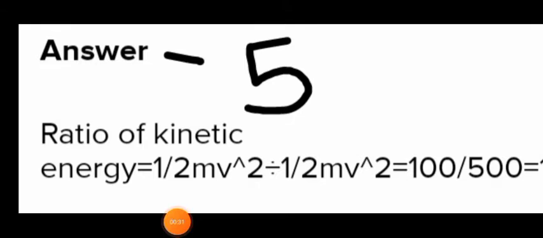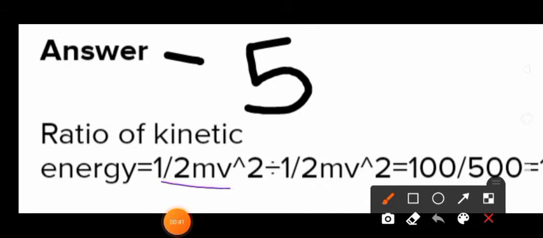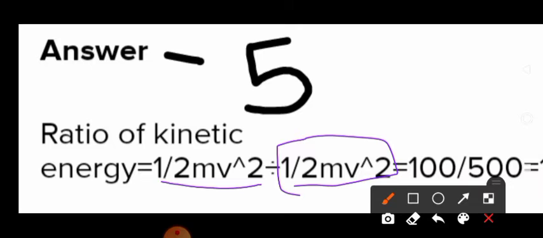So the ratio of the kinetic energy equals half mv square divided by half mv square. Here the first one represents the mass of the bike and the second one represents the mass of the car. When you substitute the values, half into m is 100 and v square is the same.